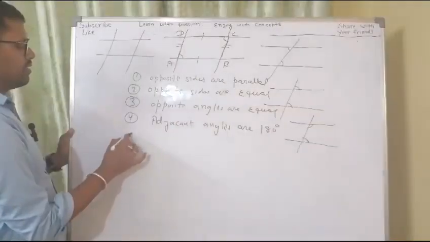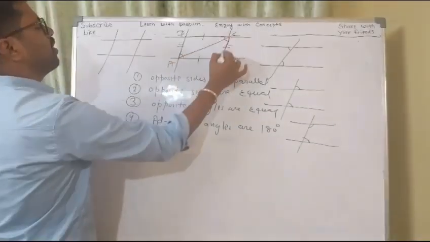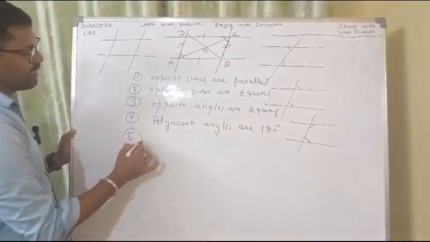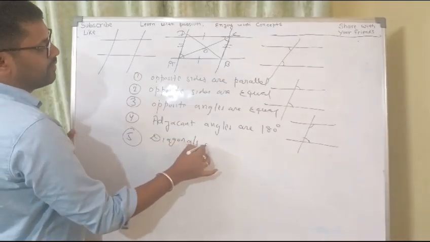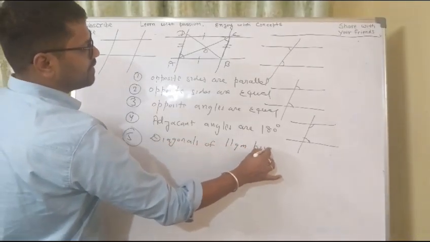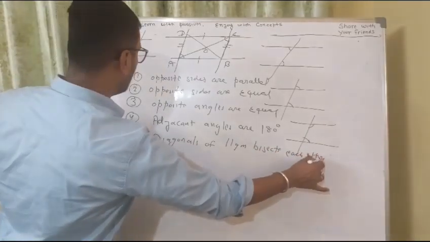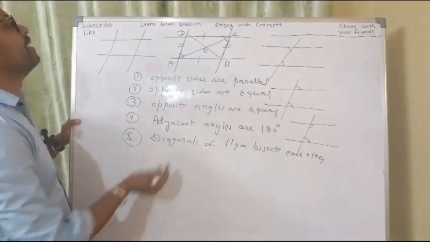There is one more property: diagonals of a parallelogram bisect each other. If this is O, we can say that diagonals of a parallelogram bisect each other. If we know these five properties, we can solve any questions on parallelograms.